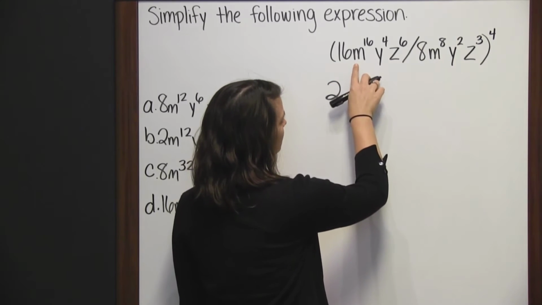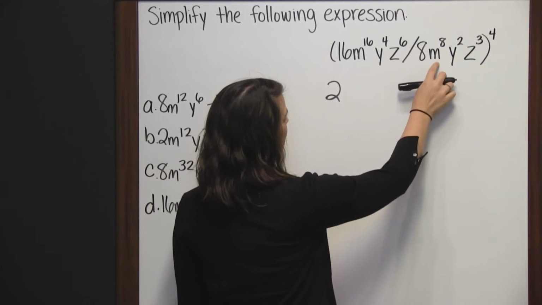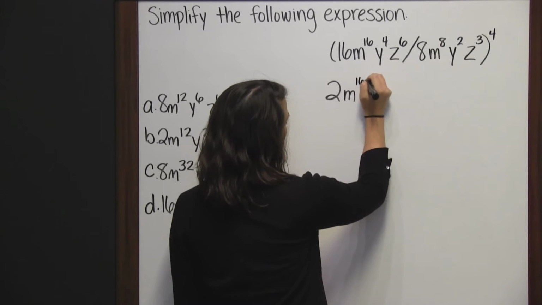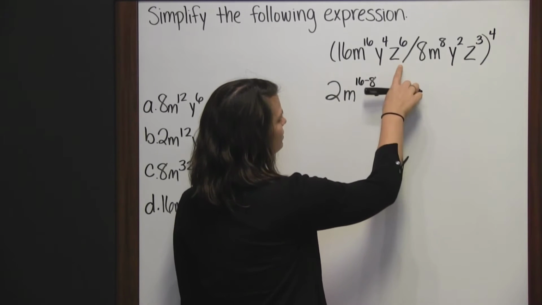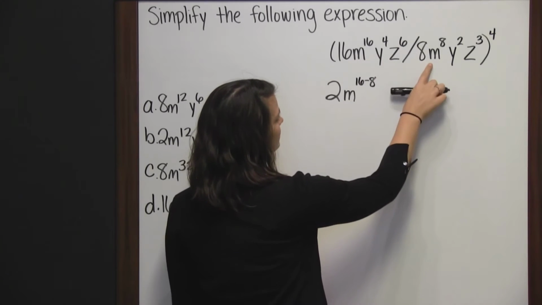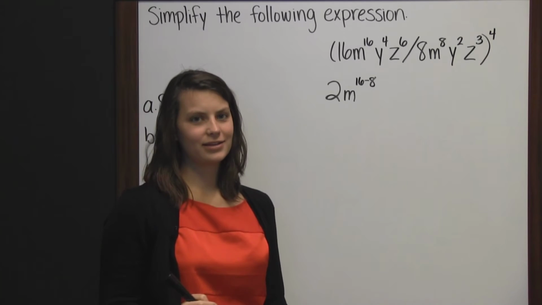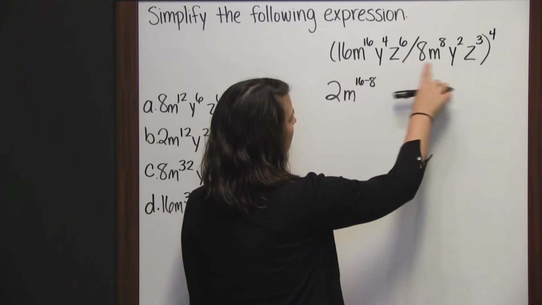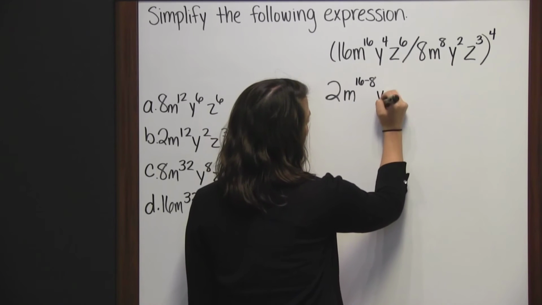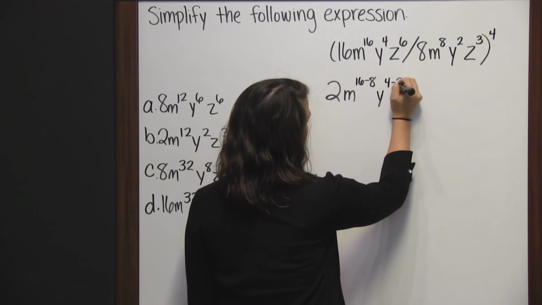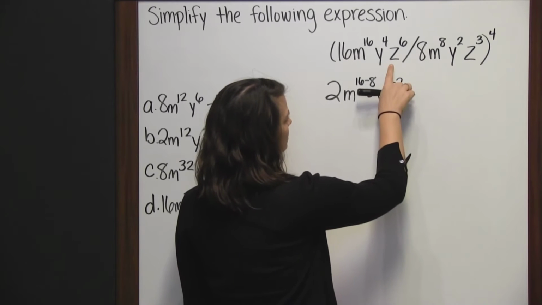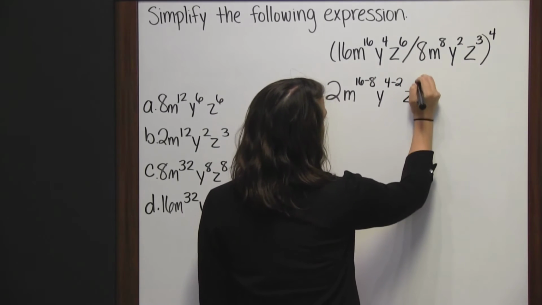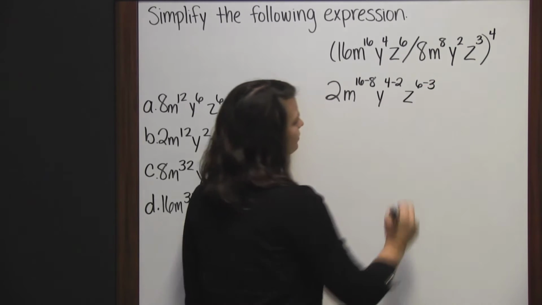Then m to the 16th divided by m to the 8th is m to the 16 minus 8, since when you divide like bases, you subtract the exponents. Y to the 4th divided by y squared is y to the 4 minus 2. And z to the 6th divided by z cubed is z to the 6 minus 3.